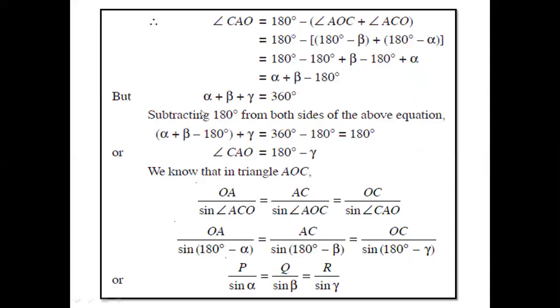Now, subtracting 180 degrees from both sides of the equation alpha plus beta plus gamma, which is equal to 360 degrees, the entire angle of the circle, I will get alpha plus beta minus 180 plus gamma equal to 360 minus 180 degrees.